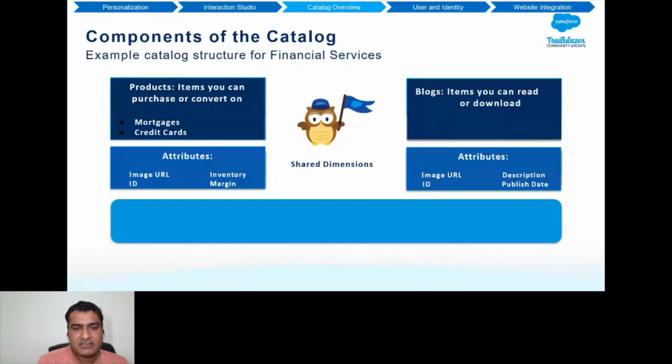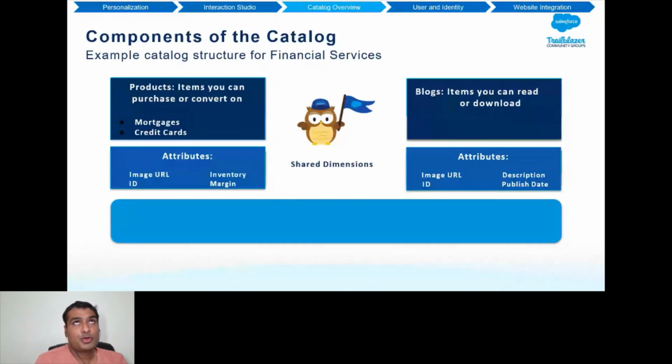And then these dimensions can also be used in machine learning, decisioning, and other segmentations as well. So that's how dimensions differ a little bit from attributes, because they can be shared across different item types. And those examples could be type or a gender.